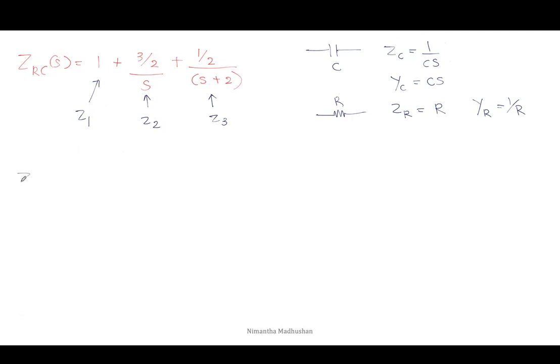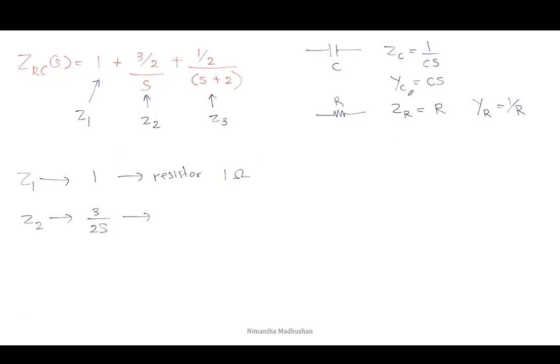First I consider Z1, the value of 1, and it will be a resistor. We can see the impedance of a resistor is the value of the resistor. There are no S terms, so the value is 1 ohm. Then I consider Z2, which is 3 over 2s. There is an S term.